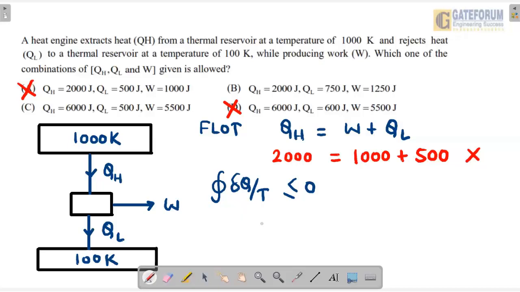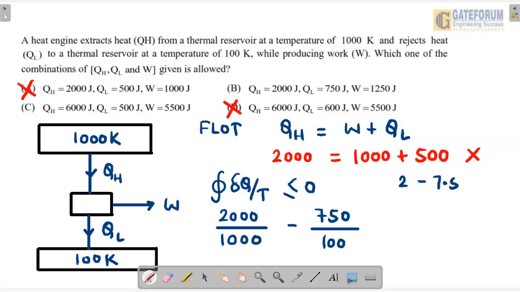If we apply the Clausius inequality in option number B, 2000 joule entering at temperature 1000, minus QL leaving, 750 divided by 100. It is going to be 2 minus 7.5. This is minus 5.5, which is less than 0. That is correct. Less than 0, which means it is correct.